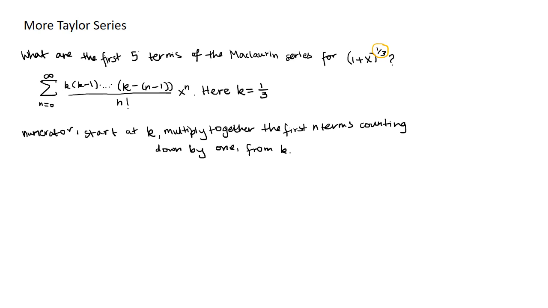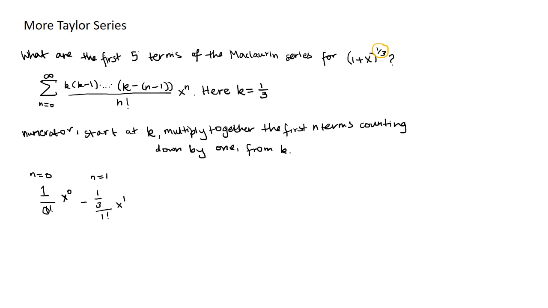So for n equals 0, we have 0 terms, so this is actually going to start at 1. So we have 1 over 0 factorial times x to the 0. For n equals 1, we start at k, so we just have this one term, 1/3, divided by 1 factorial times x to the 1.